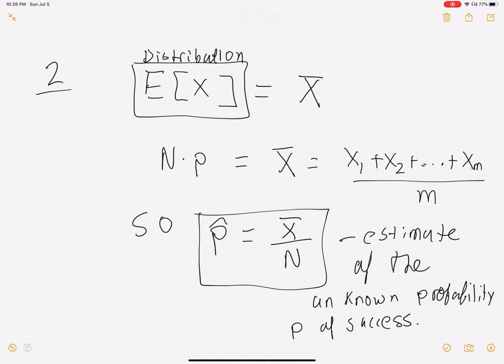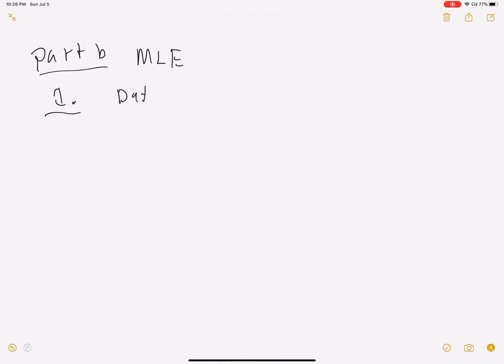Now, let's move on to part B, which is the MLE. So our first step is the same. Let's pretend that we have data x1 through x sub m, but our second step is to form the likelihood function.